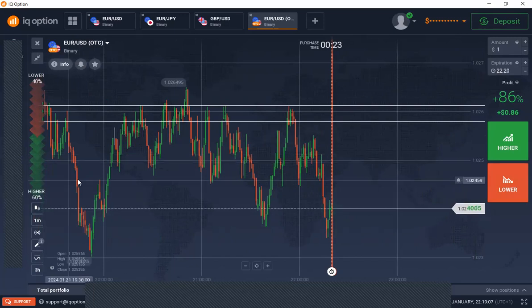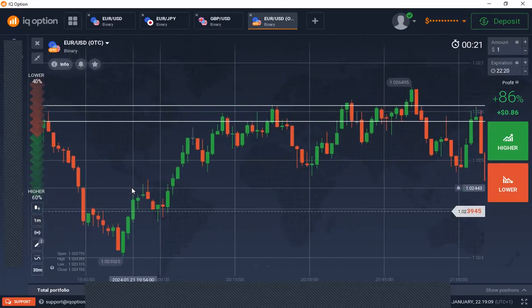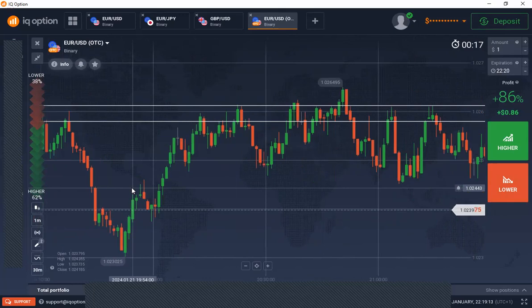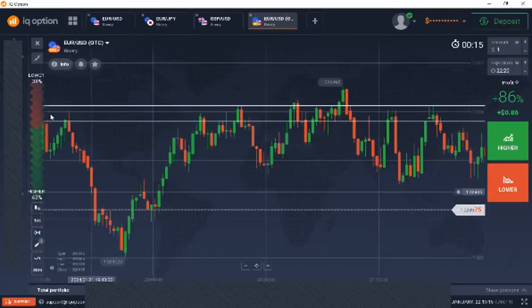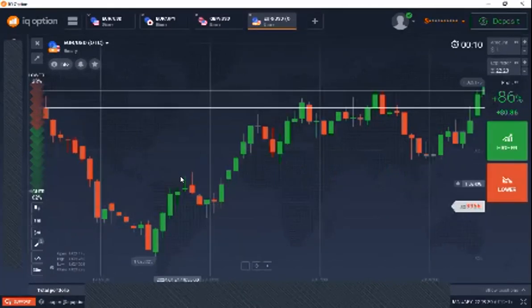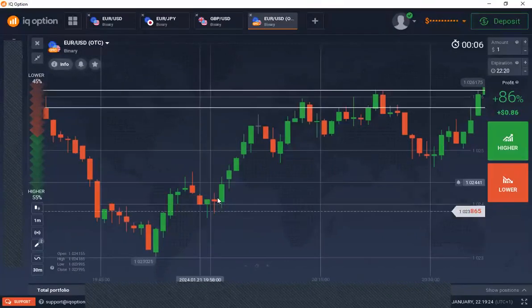Now the next one is this. We have this bearish movement to the downside. Then we have this upper movement and then a small movement again, an upper movement, which means that there is a level around this area.